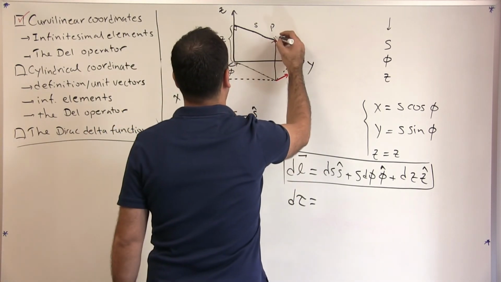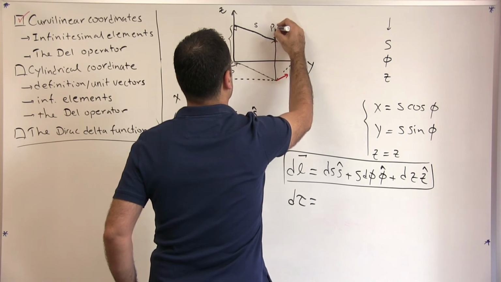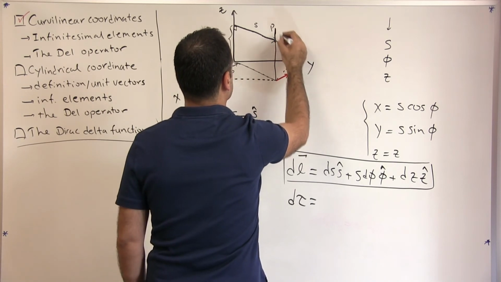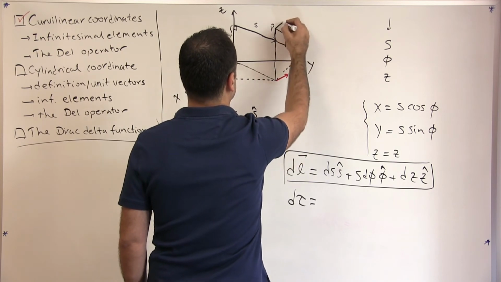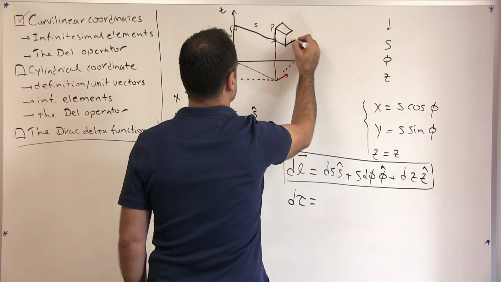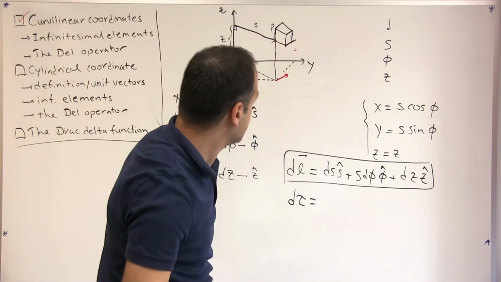A cube that has a length like this, and another direction is in the direction of s, and the other direction is in the direction of phi hat, something like this. Oh my God, that's not beautiful.